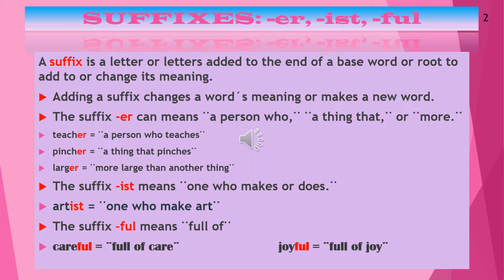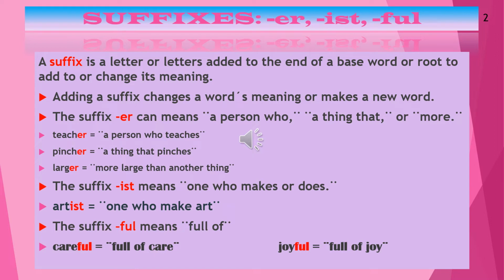And more large than another thing is larger. Here you have the suffix in red. Teacher, a person who teaches; pincher, a thing that pinches; and larger, more large than another thing. So remember, the suffix er means a person who or a thing that.